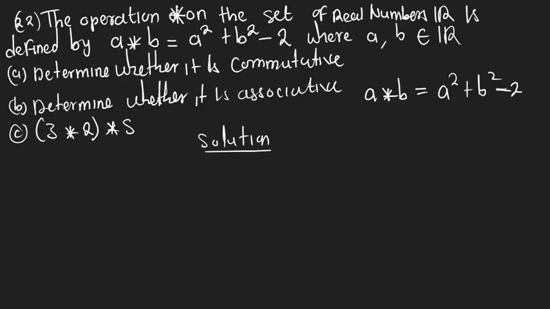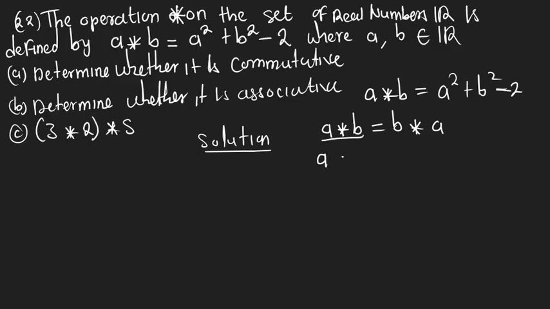So what you are going to do, if you want to check if it is commutative, you are going to say A star B is the same as B star A. Let's try to see the first one.